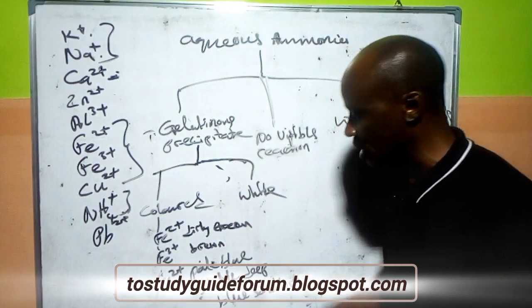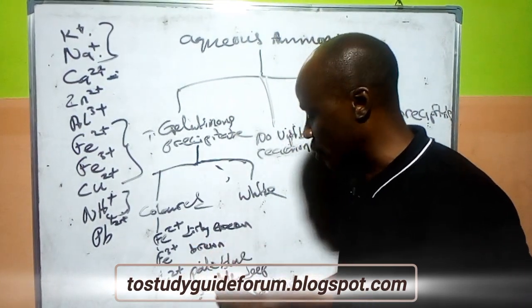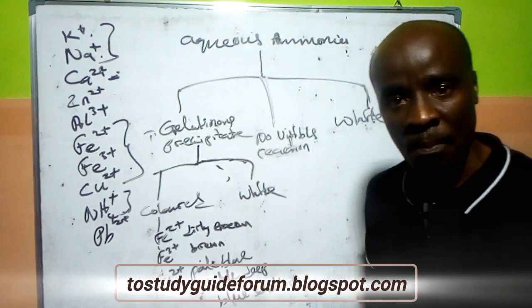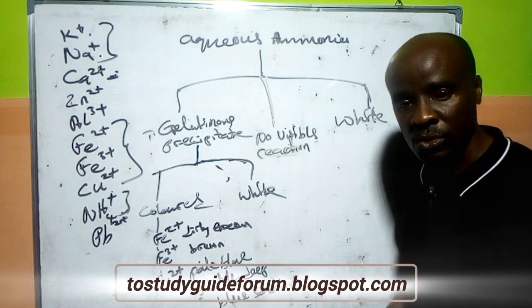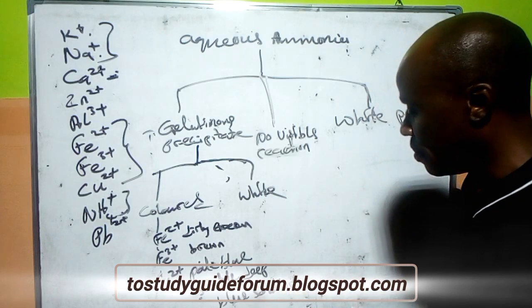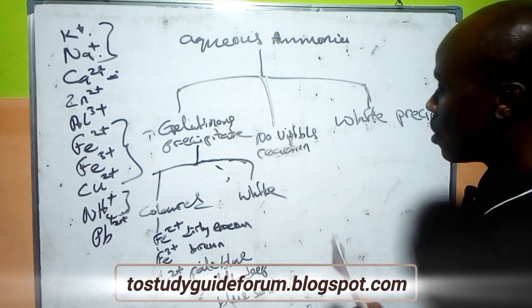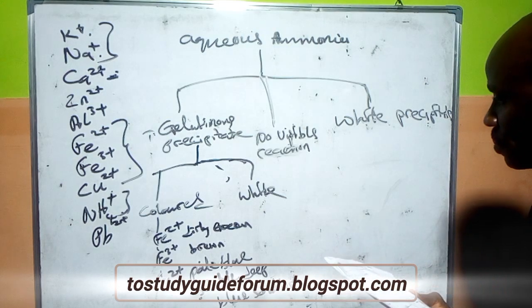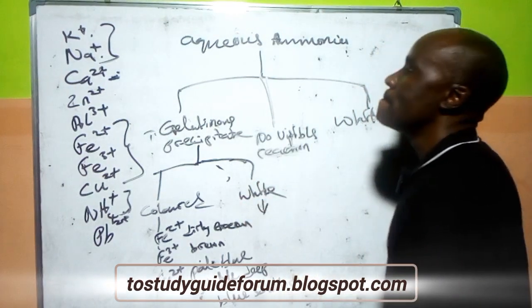Now the difference here is that with sodium hydroxide, these other ones are all insoluble in excess. But in this case with aqueous ammonia, the copper precipitate is soluble because it forms a complex ion with the ammonia compound to give us a deep blue solution. Now, under the white precipitates, we have the gelatinous precipitates.